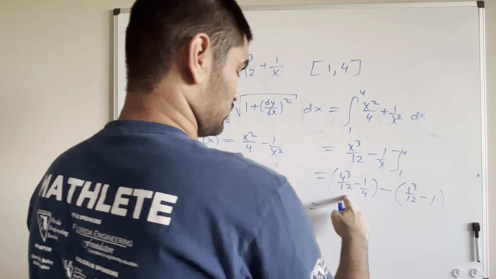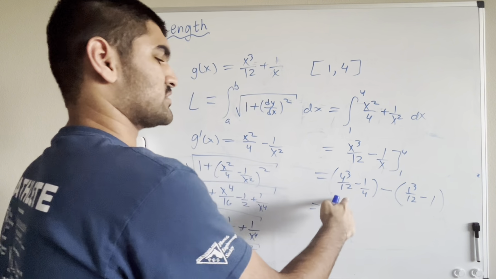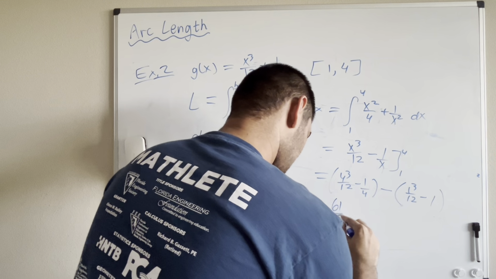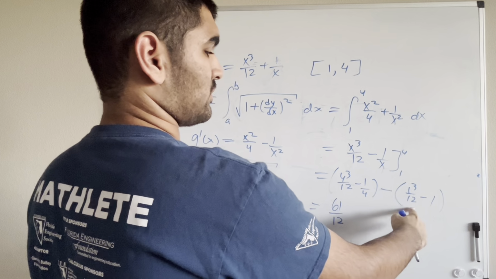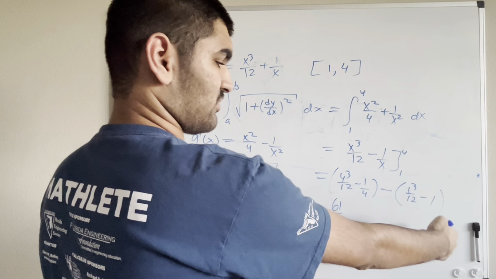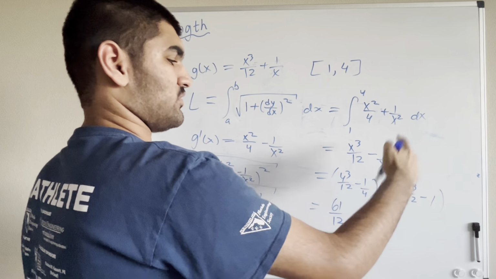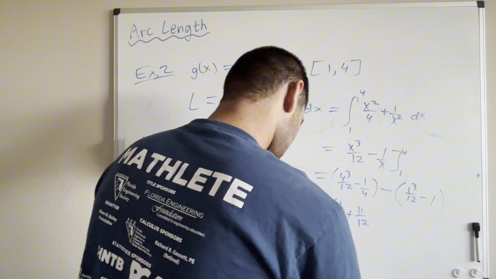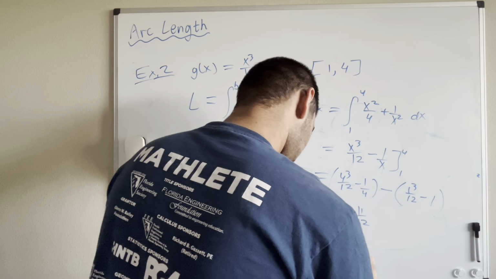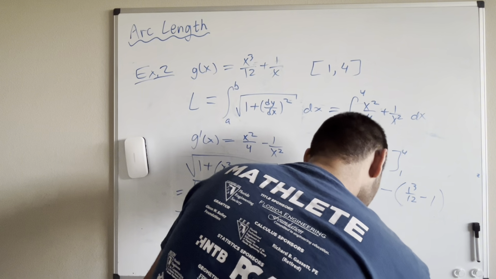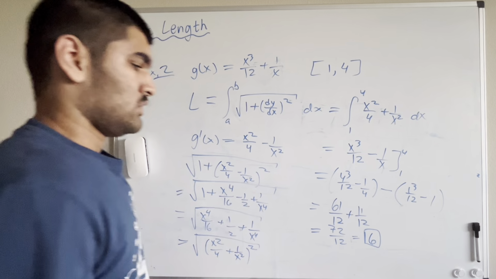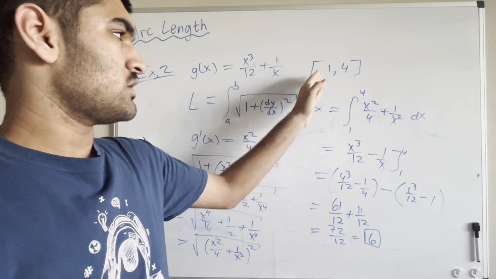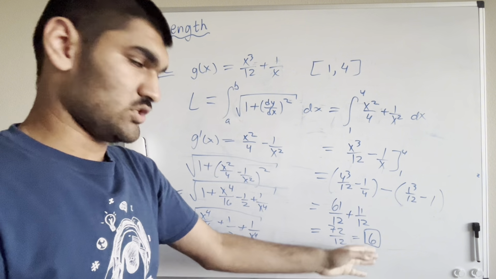So this is equal to 4 cubed over 12, so that's 64 over 12, minus 3 over 12, so that's 61 over 12. And then we have 1 over 12 minus 12 over 12, so that's negative 11 over 12. But the negative cancels, so it becomes plus 11 over 12. So you get 72 over 12, which is just 6. So the arc length of g of x from the interval 1 to 4 is just 6.